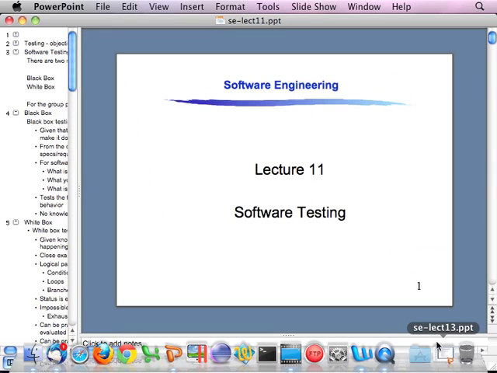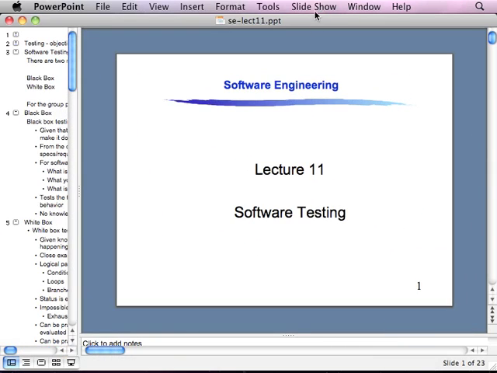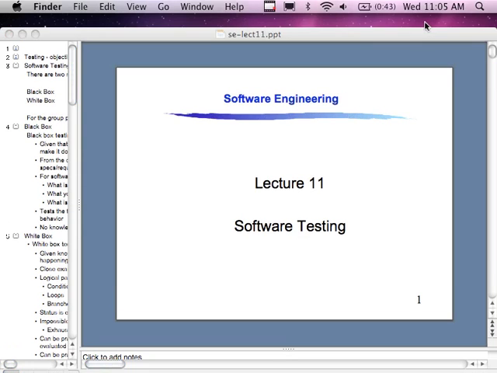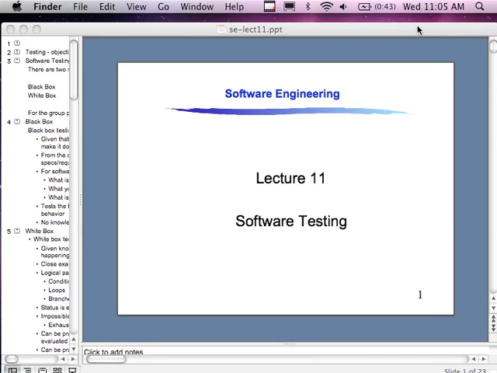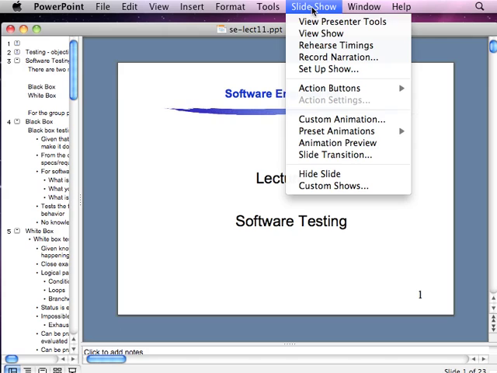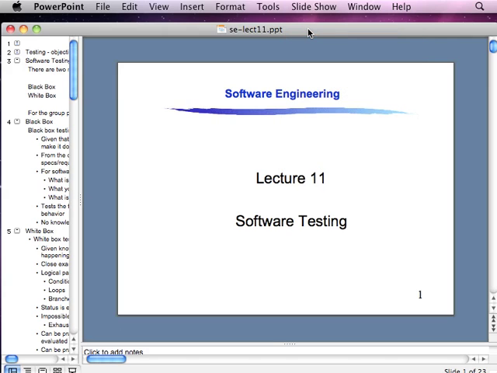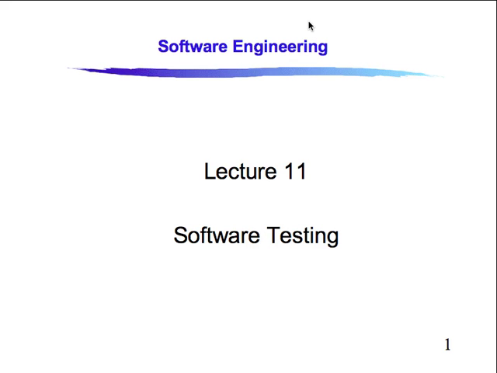So lecture number 11 is our topic for today. And what we're looking at in lecture 11 is the concept of testing. Lecture number 12 is the midterm exam review.